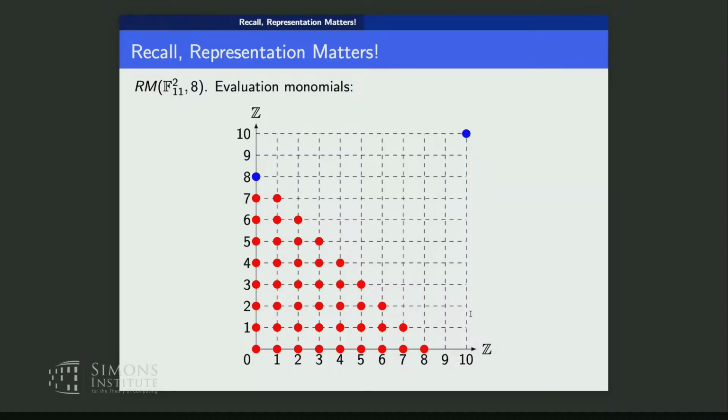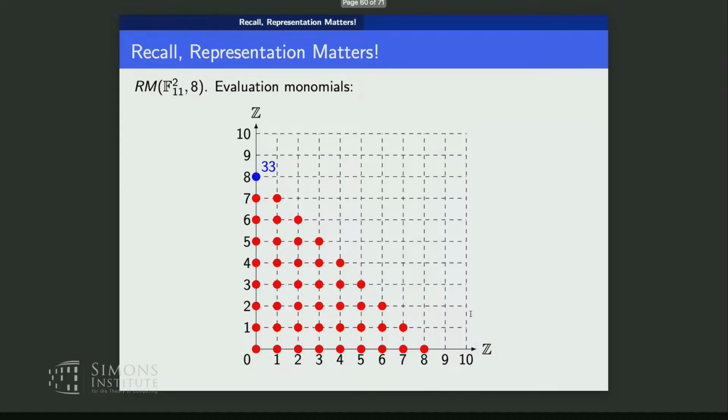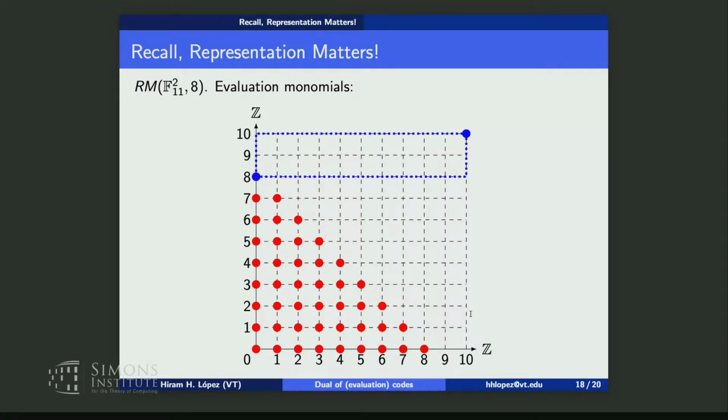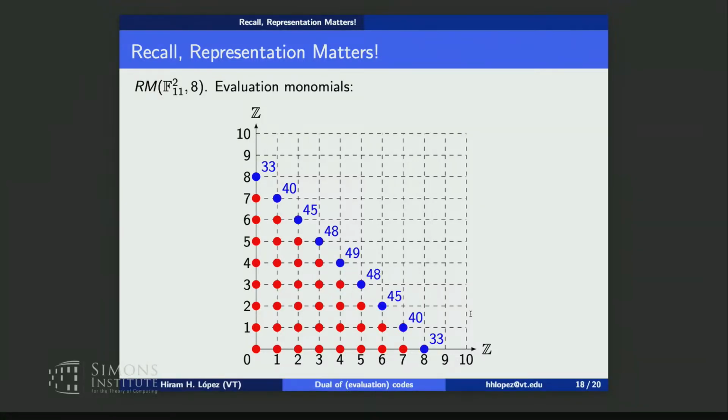Anyone can do it, right? So here we have 11 points times 3, 33. Okay, so you count the number of points in that lattice, and that is 33. You can do the same for every point that you have here on the diagonal. You can count the number of lattice points, and the minimum, that is the minimum distance. That is the minimum distance of the Reed-Muller code, and it's coming because of the bound that I told you.